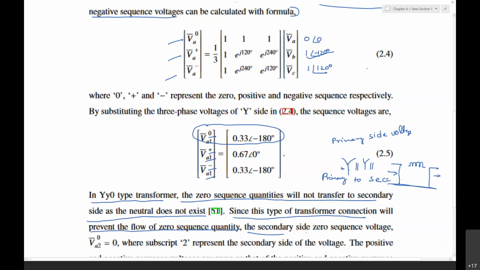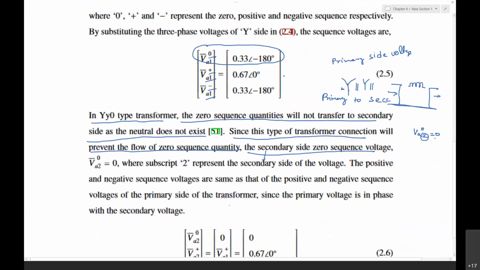So the secondary side zero sequence voltage VA2 naught is equal to 0, because it is not a neutral connection, and the zero sequence voltage does not flow from the primary side to the secondary side.